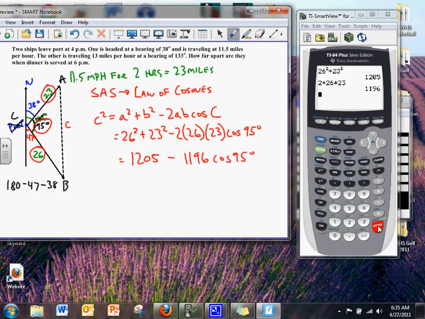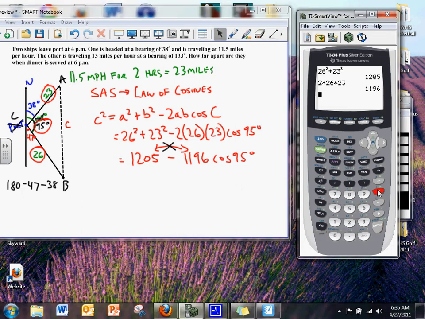A lot of you like to combine these two things. No, bad. You've got to multiply 1196 times cosine of 95 first.